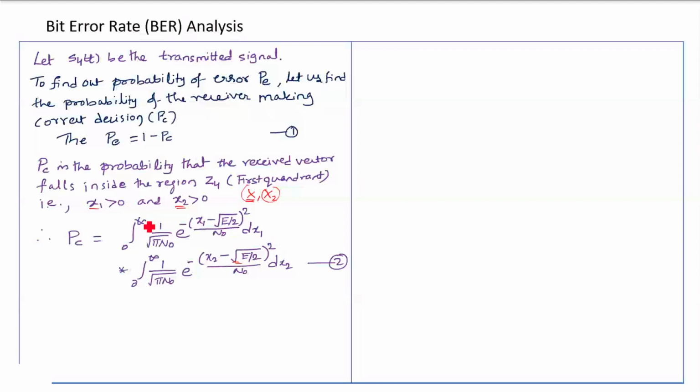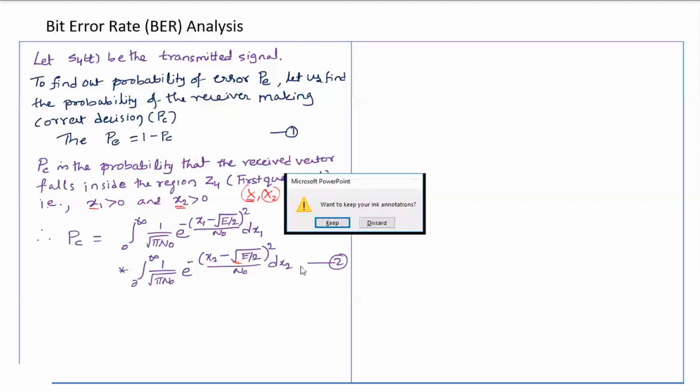As both are statistically independent, the probability of making a correct decision also factorizes. So you can see the integral from 0 to infinity of 1 by square root of pi N0, e to the power minus (x1 minus square root of E by 2) square by N0, dx, multiplied by the integral from 0 to infinity of 1 by square root of pi N0 with the same form for x2.